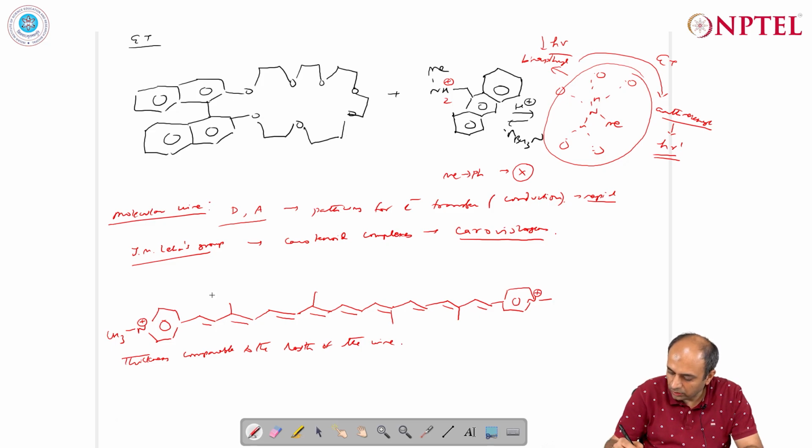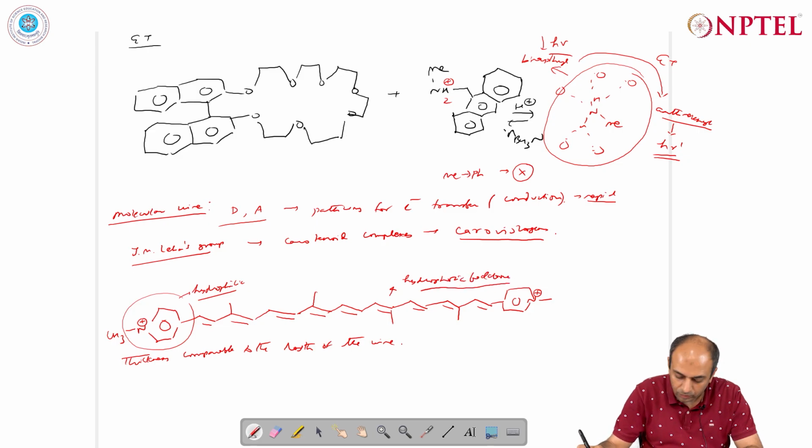It contains alternating single and double bonds, and therefore this has been observed to function as a molecular wire. And interestingly, you can see that these are the hydrophilic groups, and this is the hydrophobic backbone. The hydrophilic groups and the hydrophobic backbone.